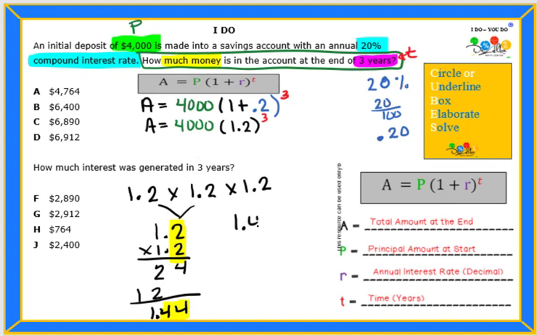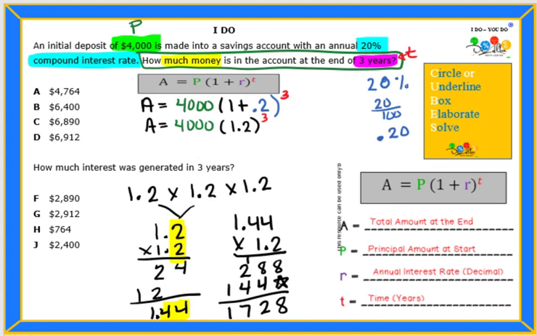So 1.44 times 1.2. 4 times 2 is 8. 1 times 2 is 2. We put our placeholder. And then 4 times 1 is 4. 1 times 1. And so 8 plus 4 is 12. Carry 1. 6 and 1 is 7. And 1.